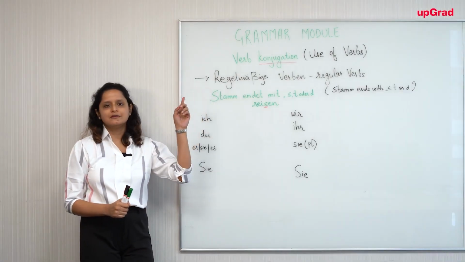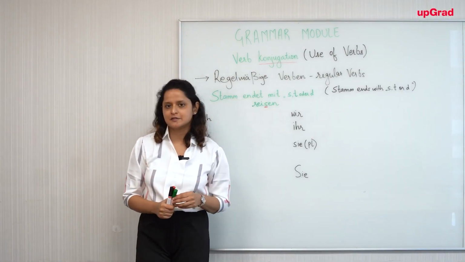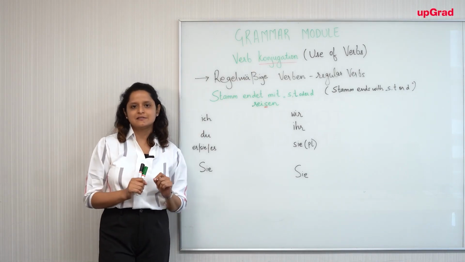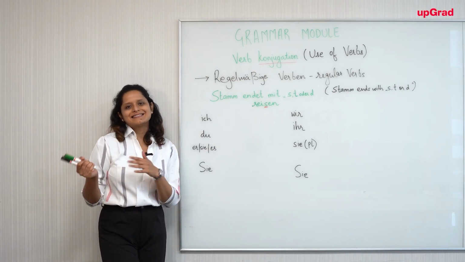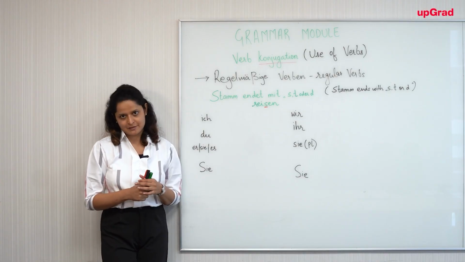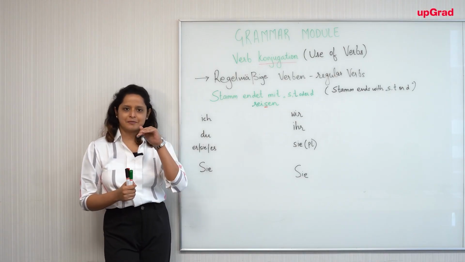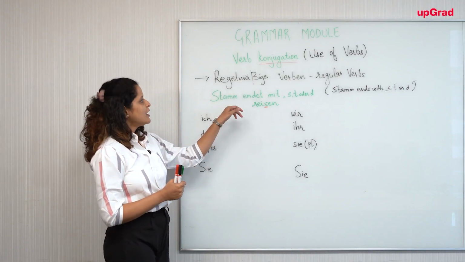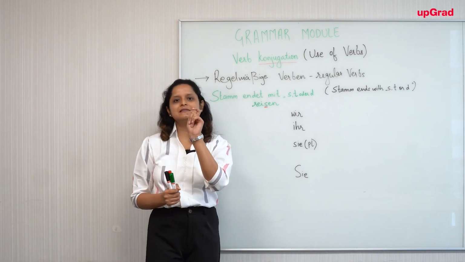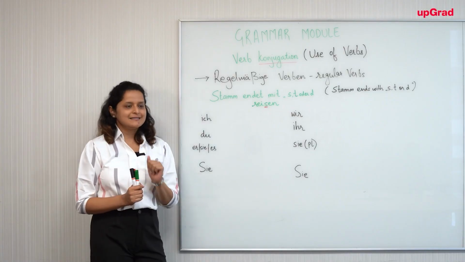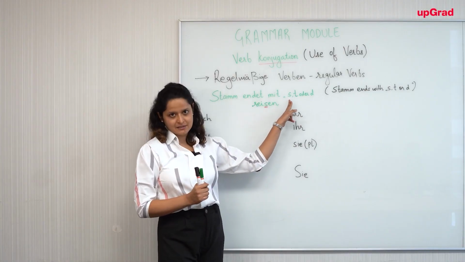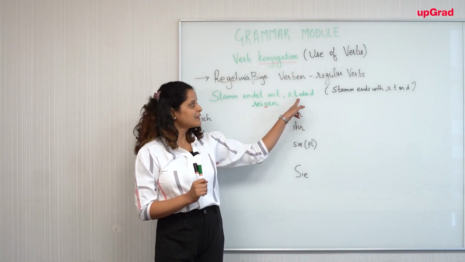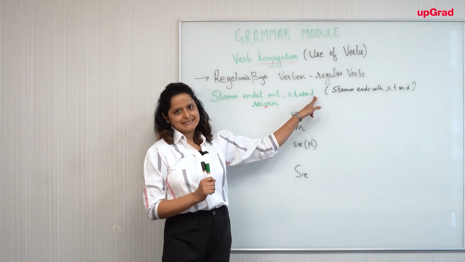Now, we have some more regular verbs that we will be learning now. But these verbs have a little bit of a difference when it comes to the conjugation as compared to the previous verbs that we saw. So this is a bit like a subcategory to your regular verbs or your regelmäßige Verben, where your stem ends with certain specific syllables. These syllables are the sound of s, which is s, sound of t, which is t, and sound of de, which is d.